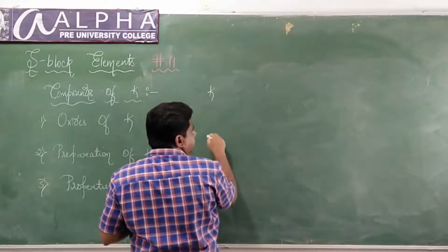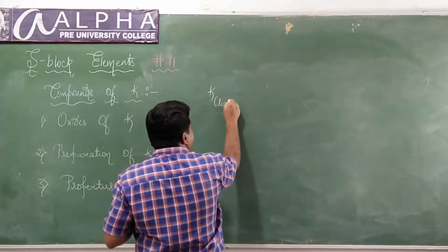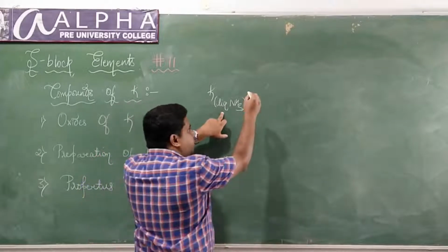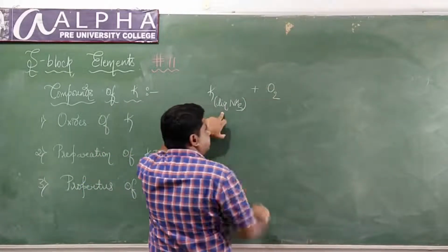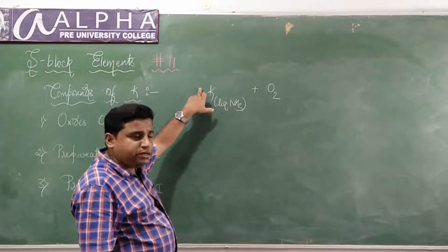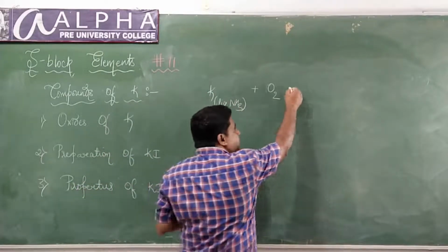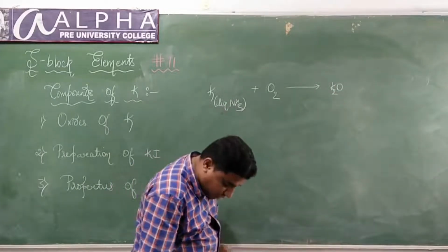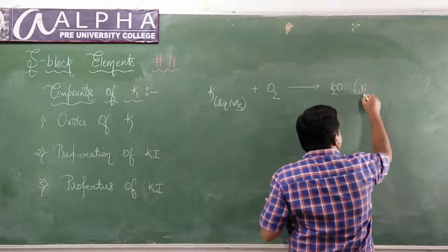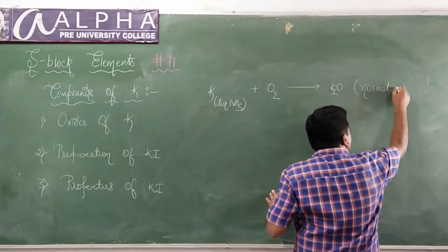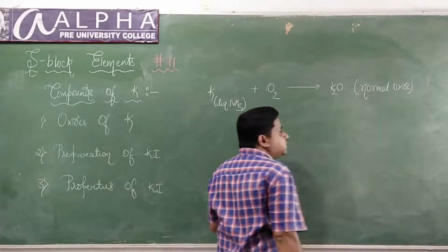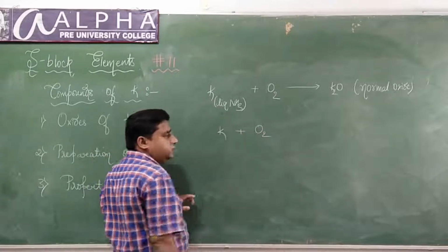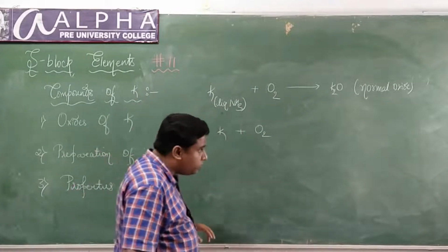When potassium is dissolved in liquid ammonia and reacts with oxygen, it is going to form potassium oxide. That is the normal oxide.